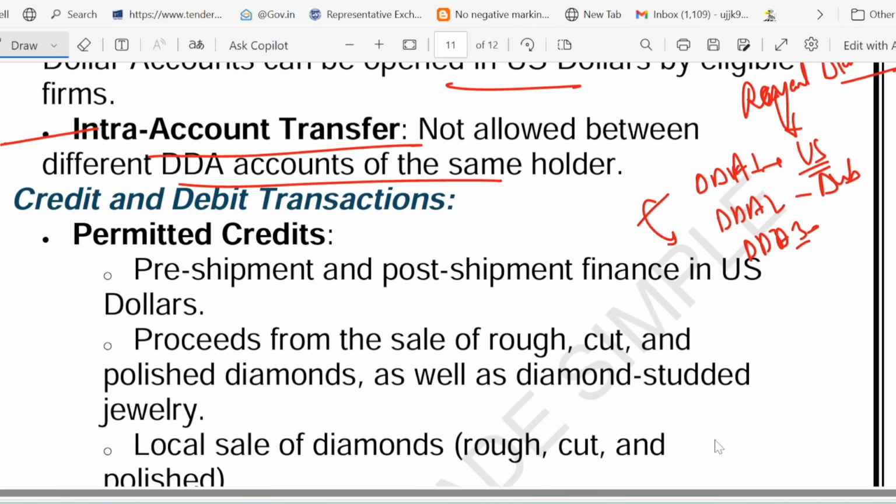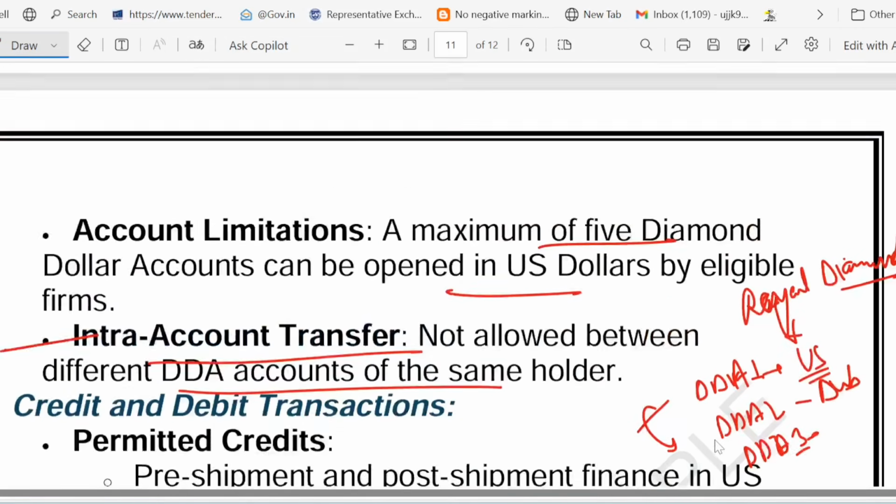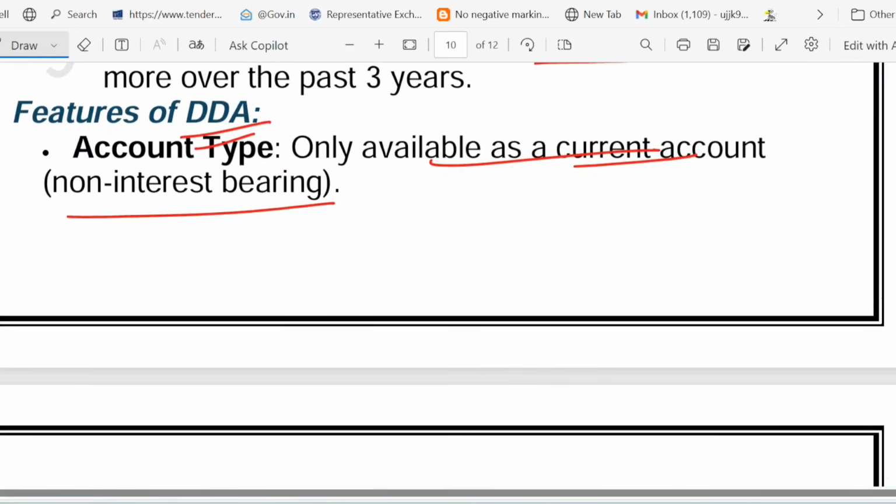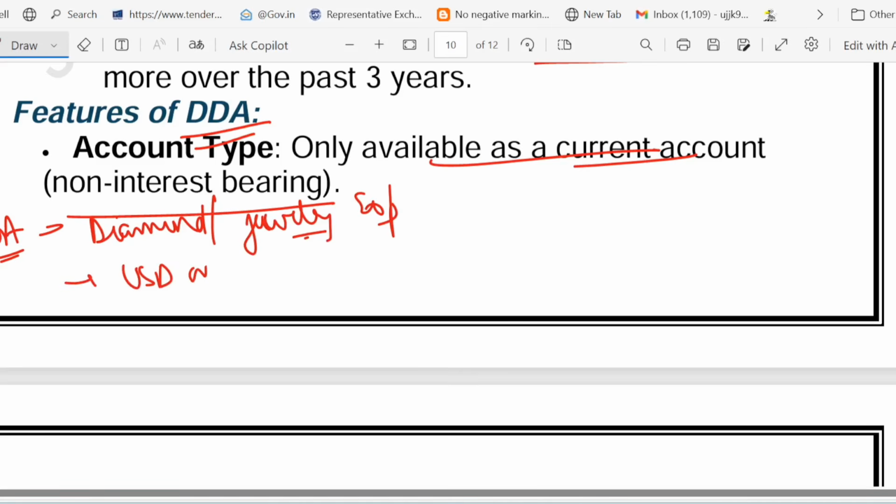Right? So let's recapitulate the points which we have just covered. We are just talking about DDA. Purpose, I told you, is very simple: diamond and jewelry export. Currency is dollar only. Interest, no interest.